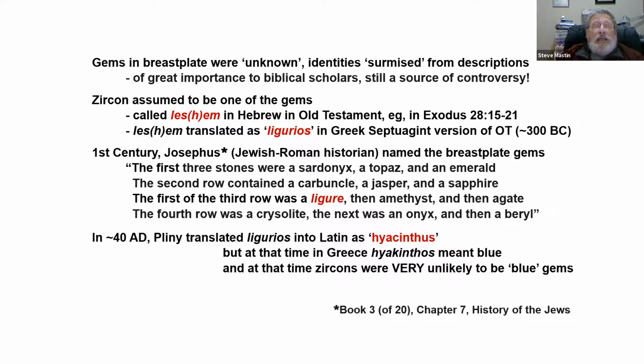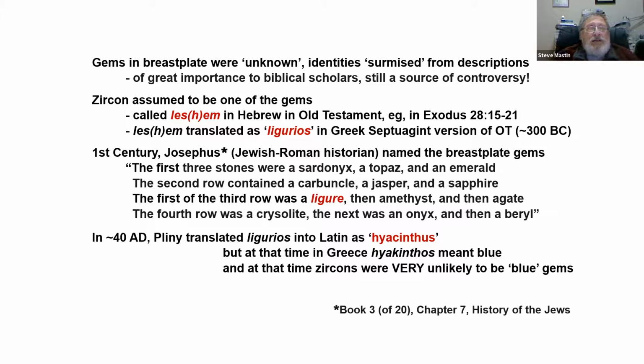Well, so that's been sitting there for a few hundred years, and then Josephus decided to name the breastplate gems, and so he's got this whole list, and of course he didn't do it in English, but you can see that everything has a name that we can sort of recognize as a modern gem name, except for that Liguri, right? So nobody knows what that is. And it stayed that way for another 400 years.